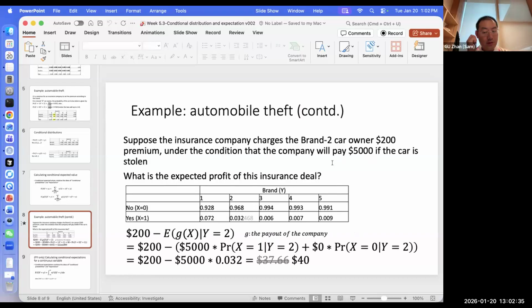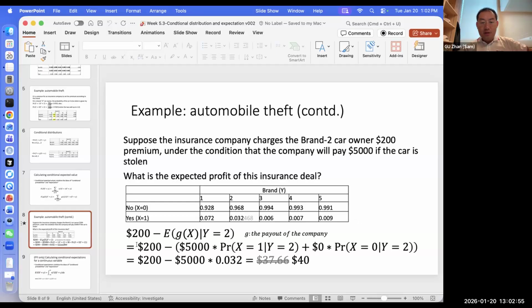So I'm going to calculate the probability of being stolen, the expected compensation the company needs to pay, and the compensation to pay if the car is not stolen.